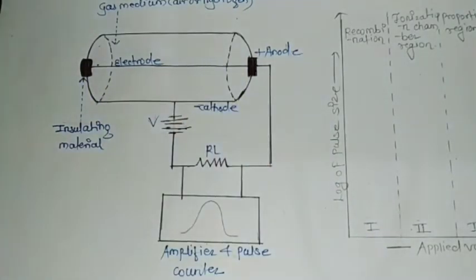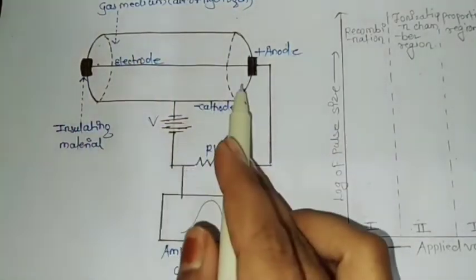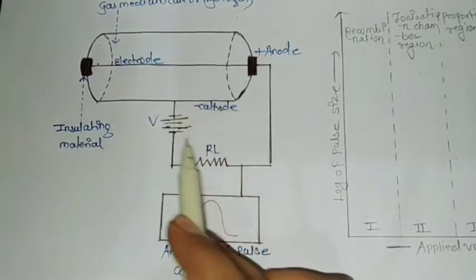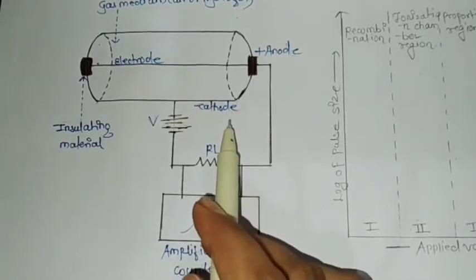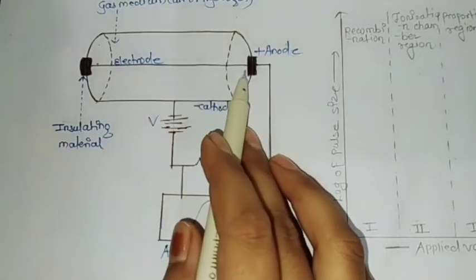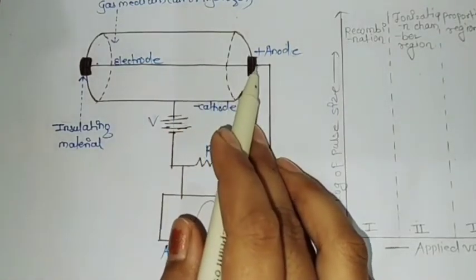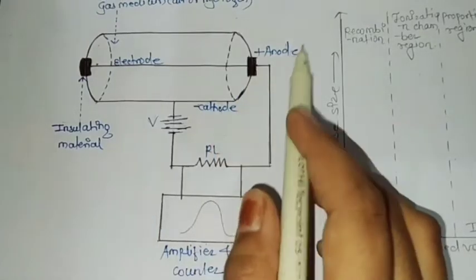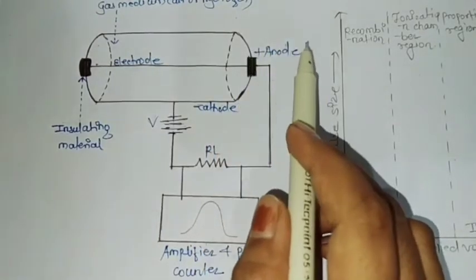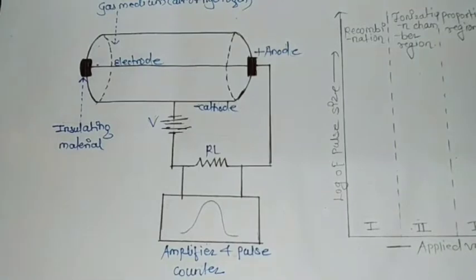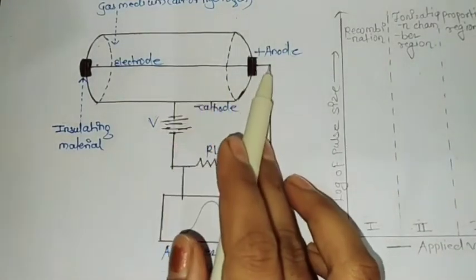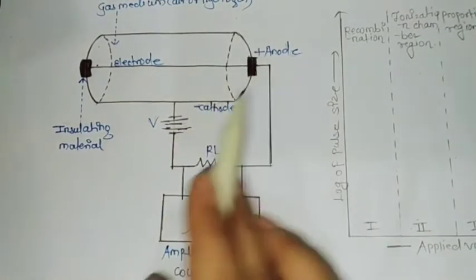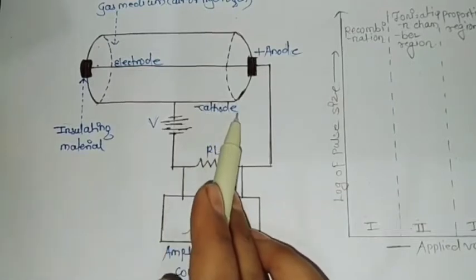The cylinder surface is connected to the negative terminal of a voltage supply. The metallic electrode passing through the center is connected to a load resistance, which is connected to the positive terminal of the same power supply.